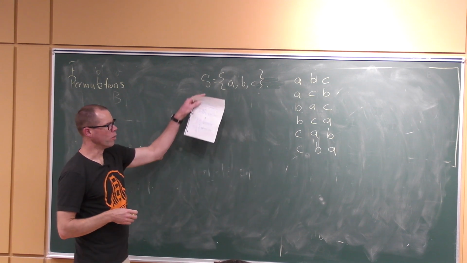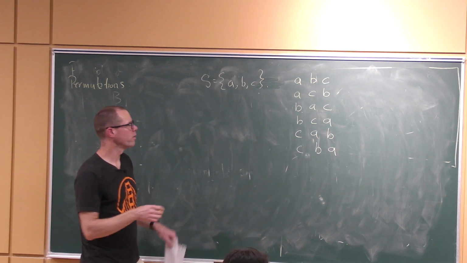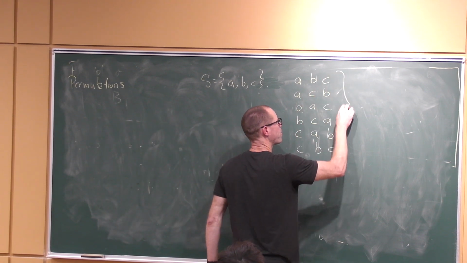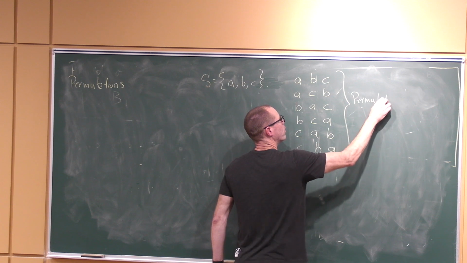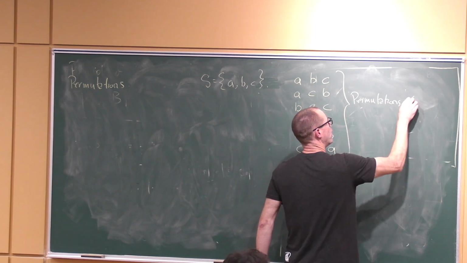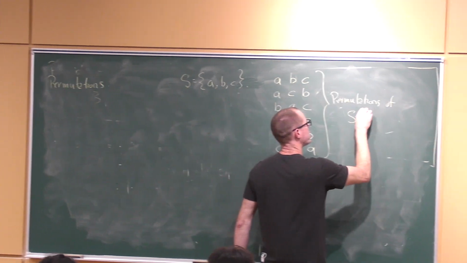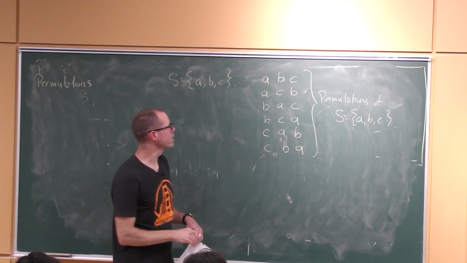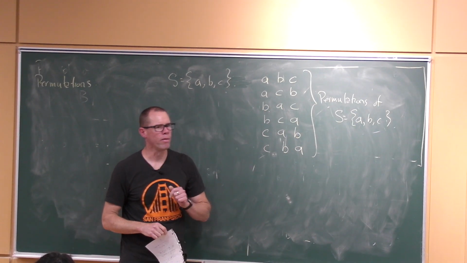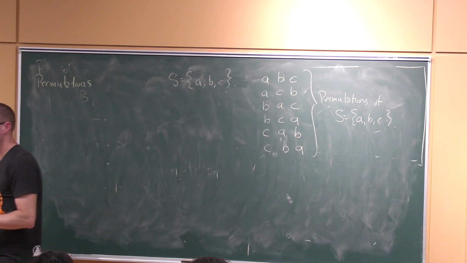And that's all I can do with a 3-element set like this. So each permutation is a sequence in which each element of S appears exactly once.